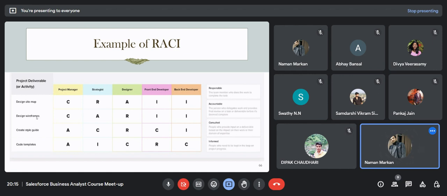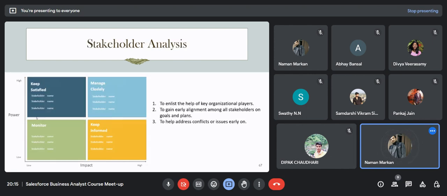Okay, so we have been looking into this particular RACI chart, and then we have another diagram to look into. The next one is stakeholder analysis. Stakeholder means, think about the organization first. When it comes to any organization or project, the internal people or teams who are involved in your process have to take care of their customers, right?